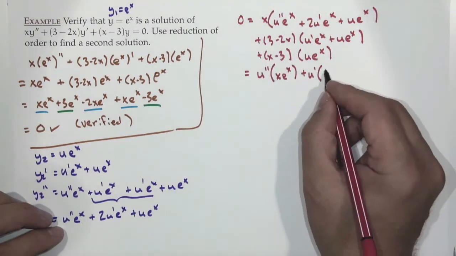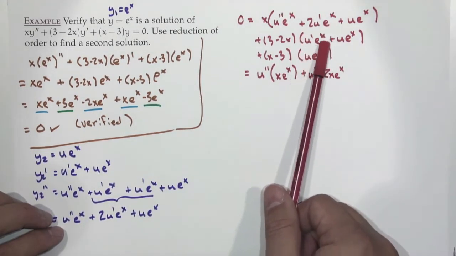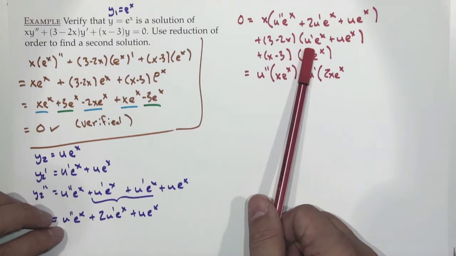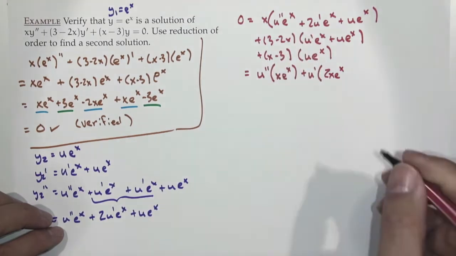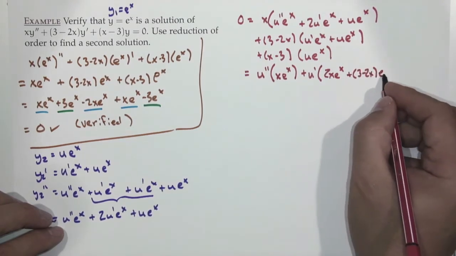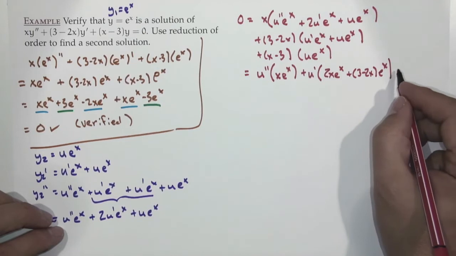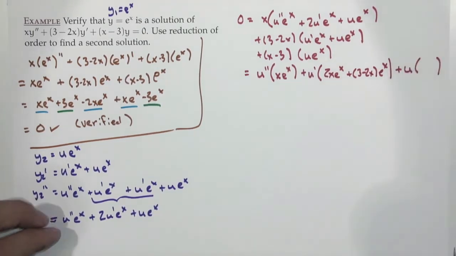So I'll write that as 2x e to the x. Here, what's attached to u prime? e to the x times 3 minus 2x. So plus 3 minus 2x e to the x. Plus u. And what's attached to u?